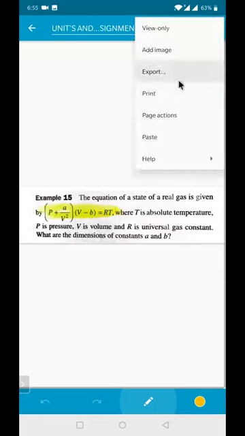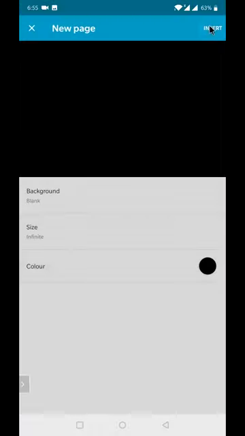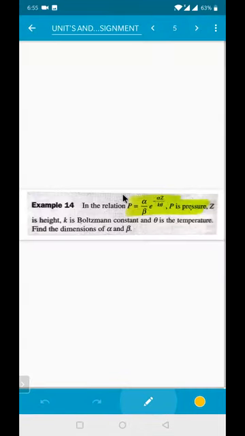So I'm doing the next one. See this one, this is a very important question. In the relation P is equal to alpha by beta exponential to the power of alpha z by k into theta, P is pressure, Z is height, K is Boltzmann's constant, and theta is the temperature. Find the dimensions of alpha and beta.